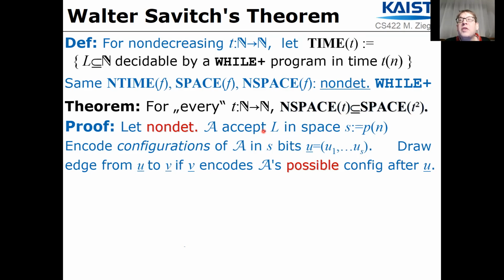Right, there are various values that the variables could have when the non-deterministic while plus program reaches its end instruction. But we're going to apply a certain easy transformation to this program. Namely, we're going to add instructions that reinitialize all the variables to 0 right before the end instruction.